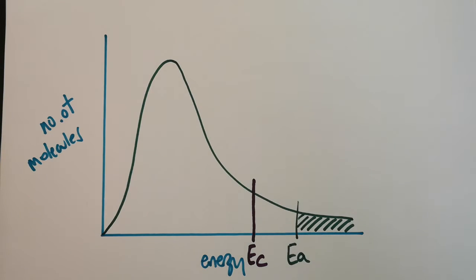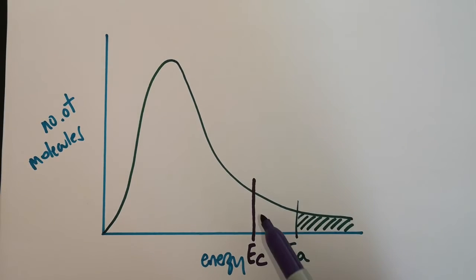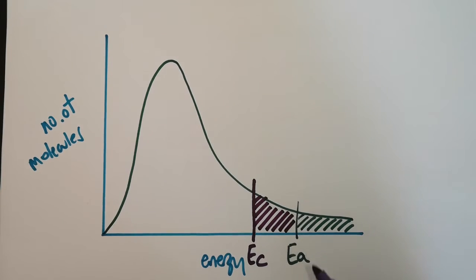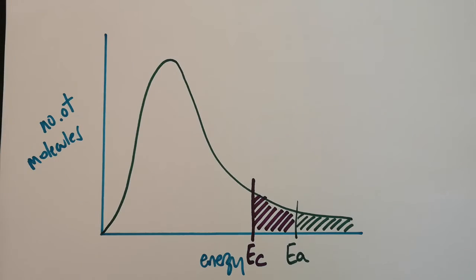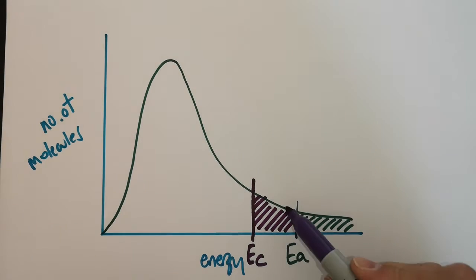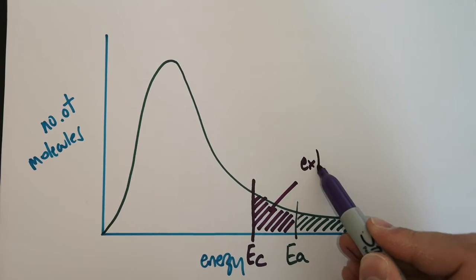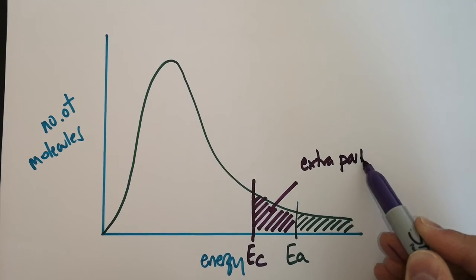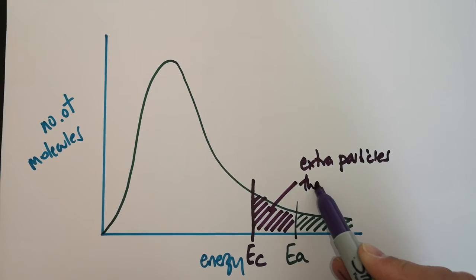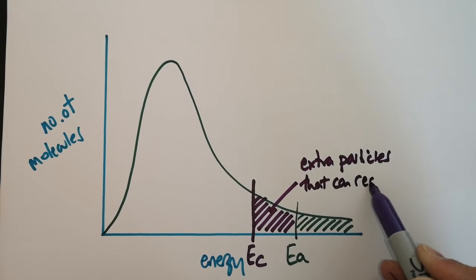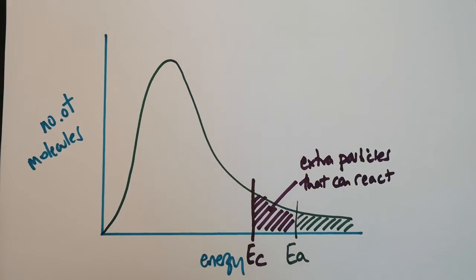You should be able to see by adding the catalyst and moving it to the left, we've now allowed a whole load more particles to react, so that they can overcome the activation energy barrier and react further on. So these are the extra particles that can now react. And you can clearly see that the shaded area is now bigger.